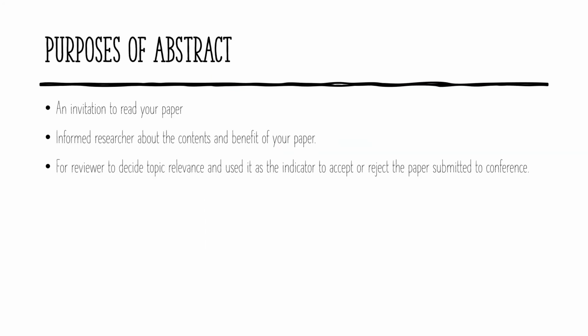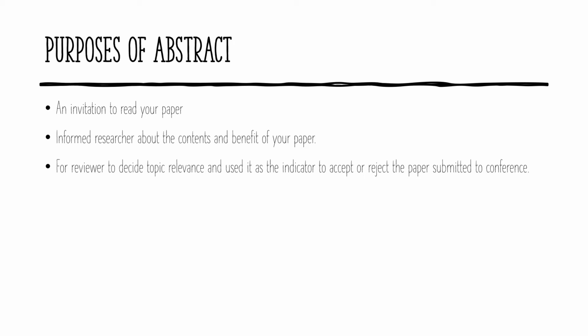So this is the purpose of an abstract. It is actually an invitation to read your paper. If you have a good abstract, people might be interested to read more of the rest of it. But if your abstract is not really good, then people might stop reading your report.